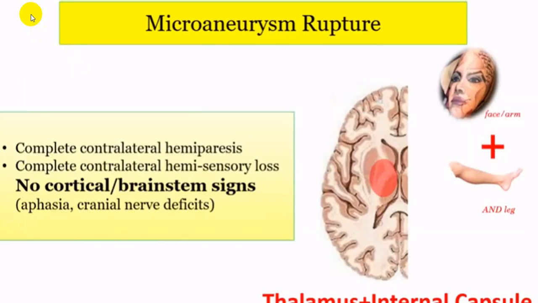You can have a microaneurysm rupture where you can get complete contralateral hemiparesis, hemisensory loss, and because this is in the deeper part, there will be no aphasia, and brainstem is not involved, so there are no cranial nerve deficits, except you will have an upper motor neuron type of facial and upper motor neuron type of genioglossus involvement.